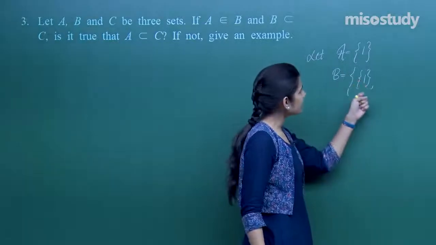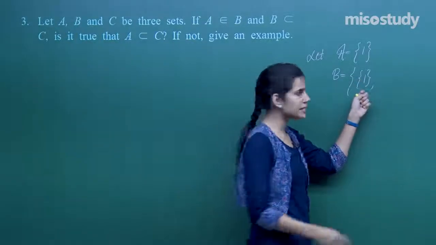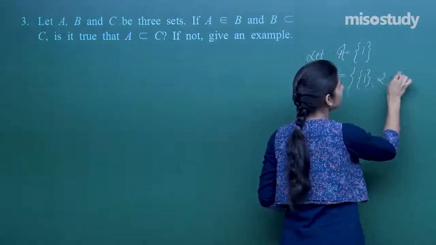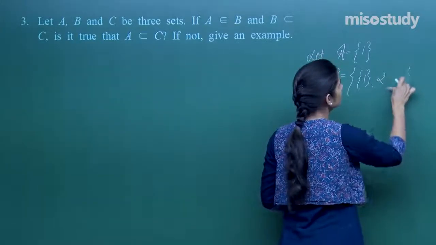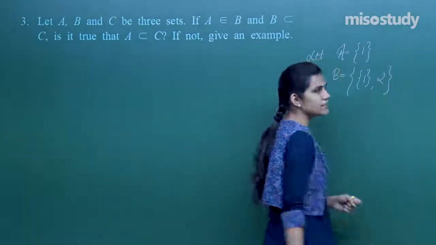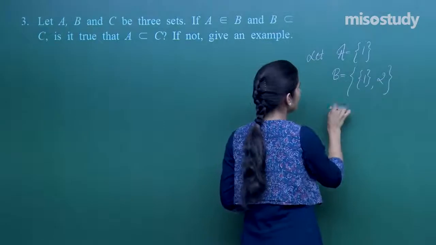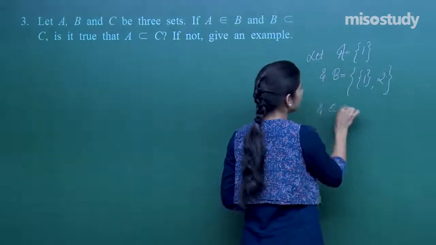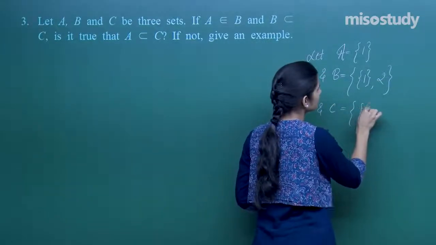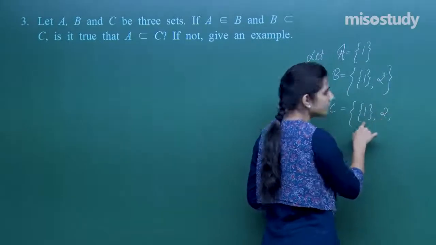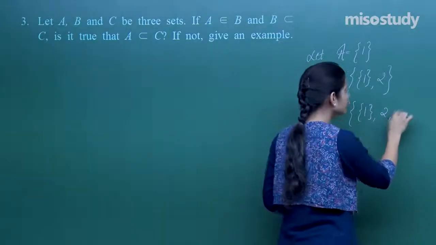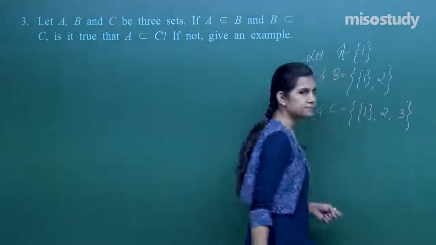That means set A is actually sitting as an element in set B. Apart from this, it has just element 2, and define C as 1, singleton set 1, element 2 and 3.